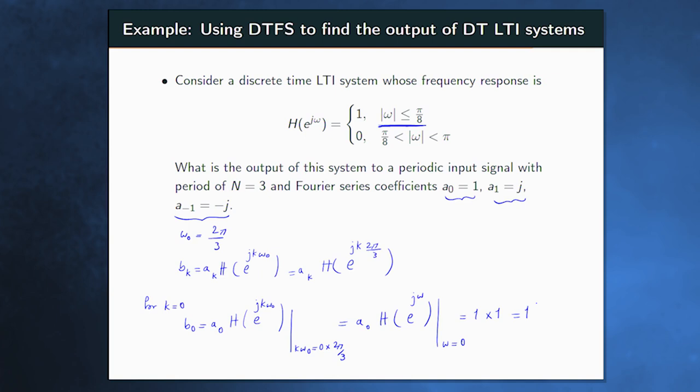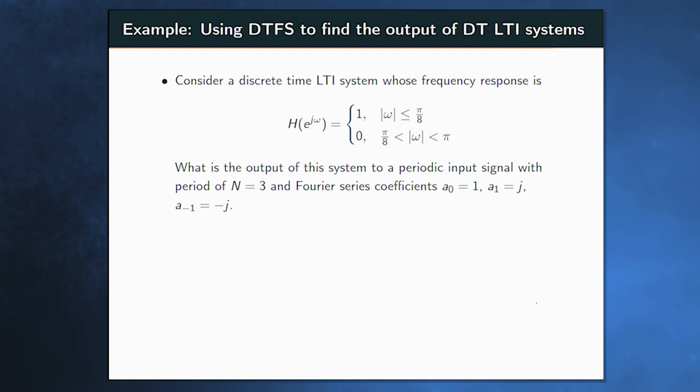Let's find out the value of b_k for k equal to 1 and negative 1. For k equals 1, b sub 1 is equal to a sub 1 multiplied by H of e to the j omega evaluated at omega equals 1 multiplied by 2 pi over 3, so omega equals 2 pi over 3. Coming here to the equation of H of e to the j omega, 2 pi over 3 is less than pi and greater than pi over 8.